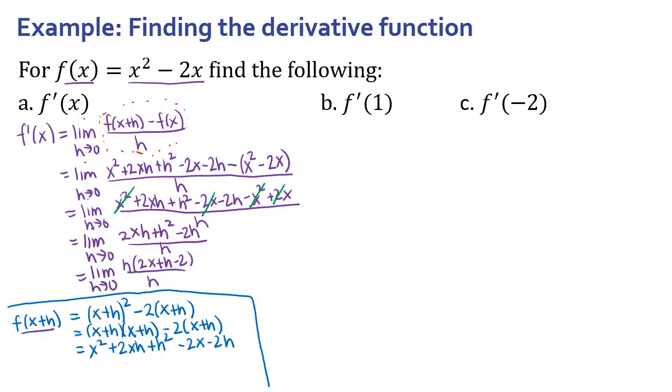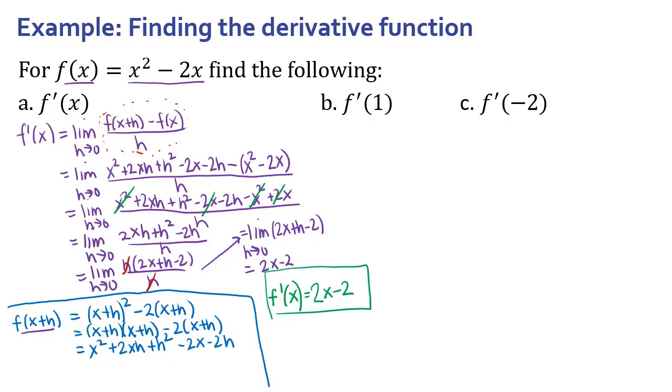And when I do that, I'm left with the limit as h approaches 0 of 2x plus h minus 2. So now I can actually substitute 0 in for h, and I'm left with 2x minus 2. So this means that a formula for finding the derivative of this function at any x value is this.